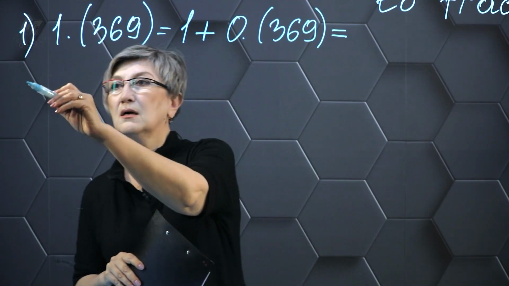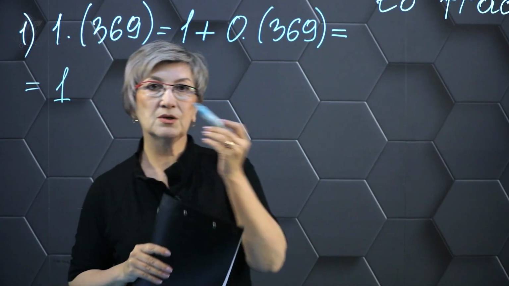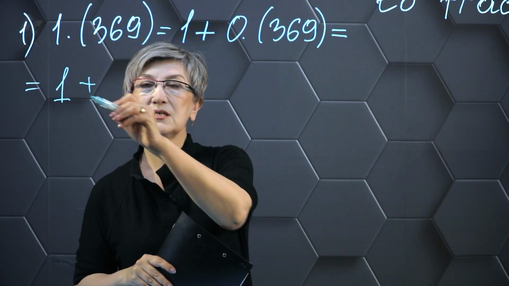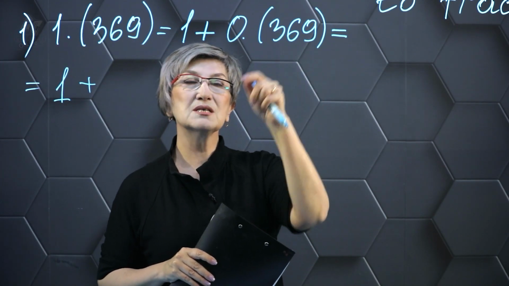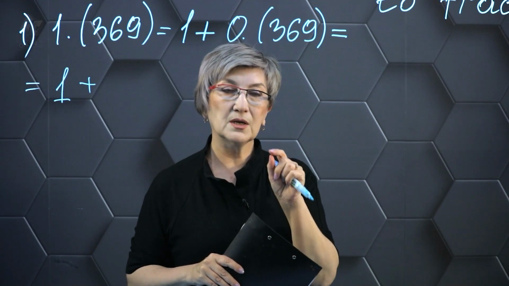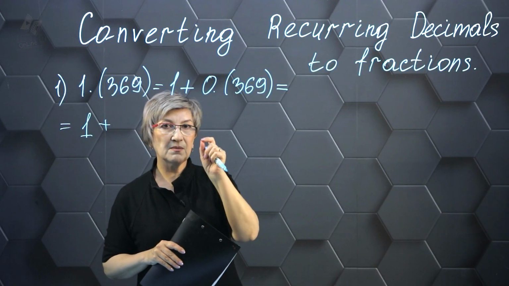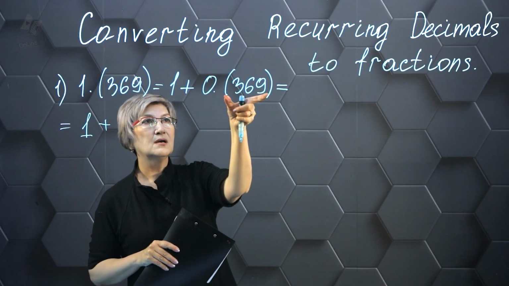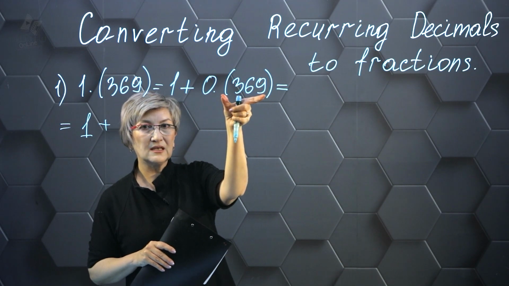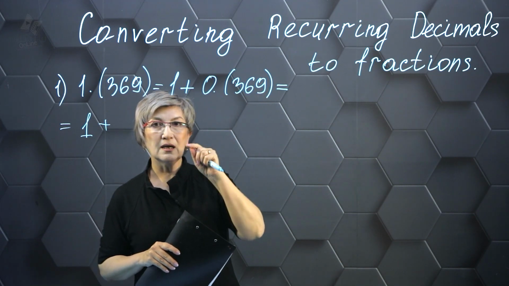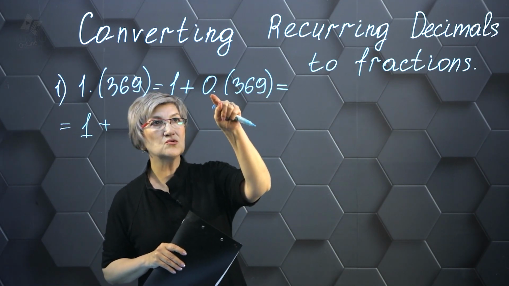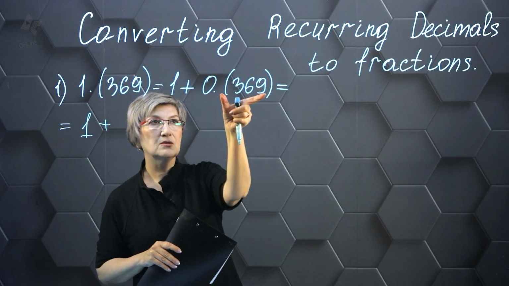Now, we're going to leave the integer untouched and write 369 thousandths as an ordinary fraction. First of all, we notice that the period is written right after the decimal point.